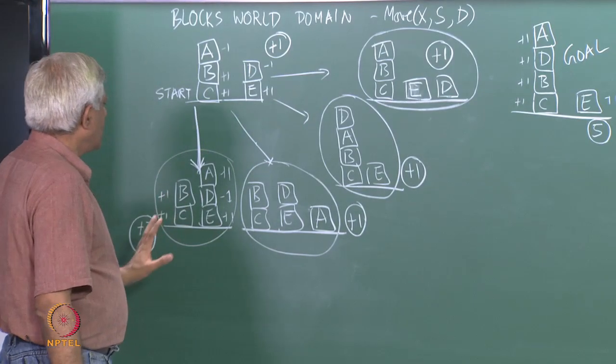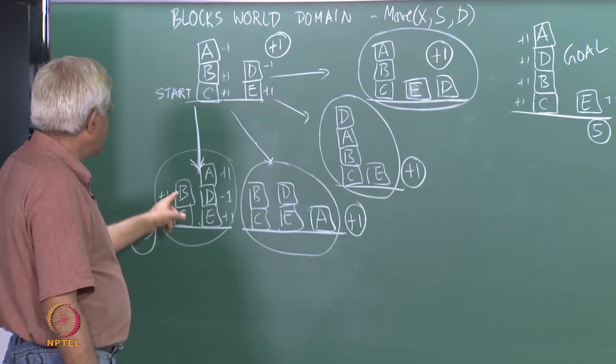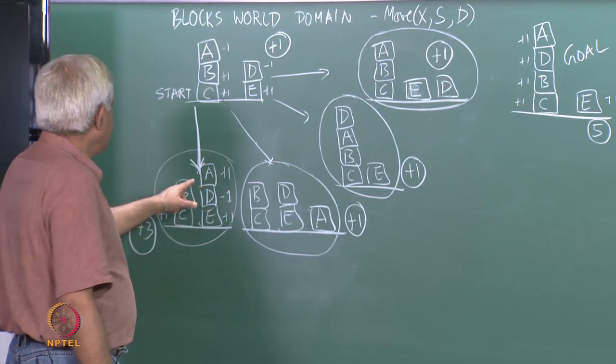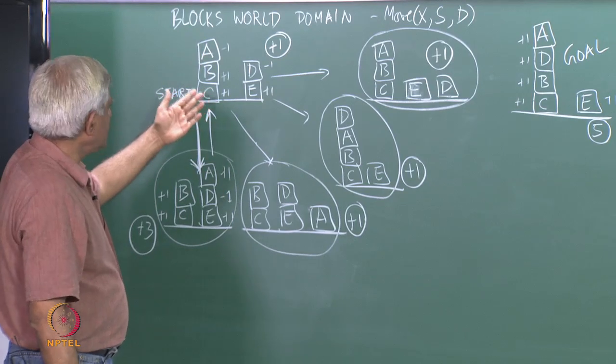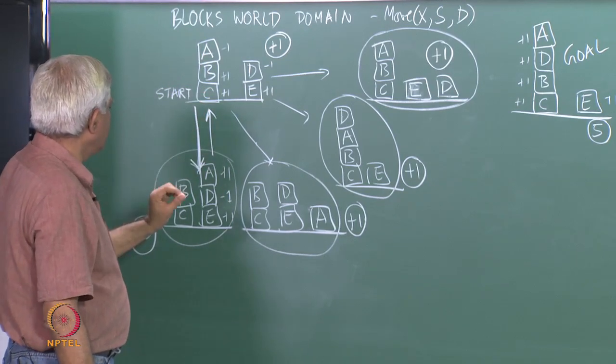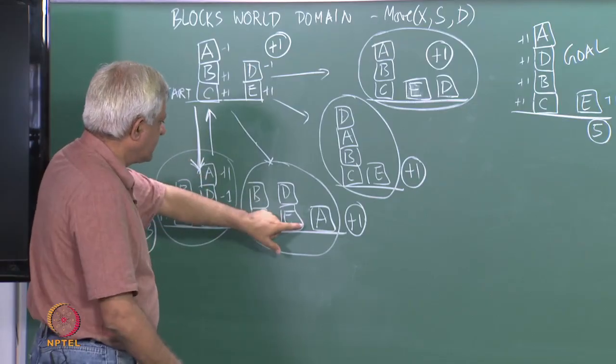So, from here what are the options? Again we do the move gen function. You can move either B or you can move A. If you move A, one thing is you can go back to this state, you can take A from here and put it on top of B, or you can take A from here and put it down here, which is you will go to this state.